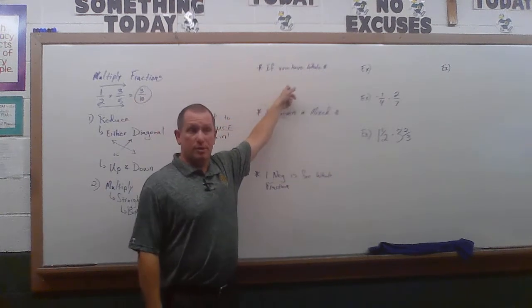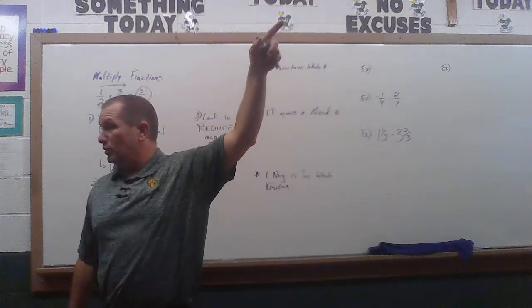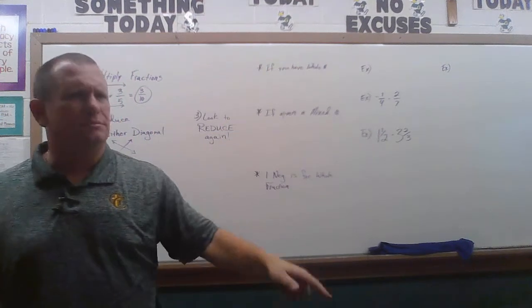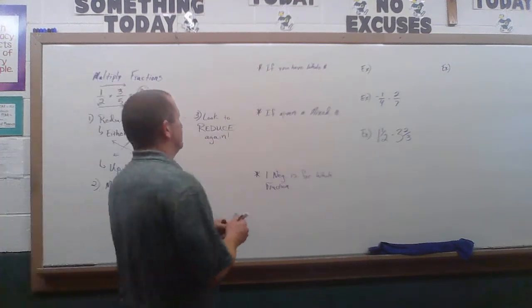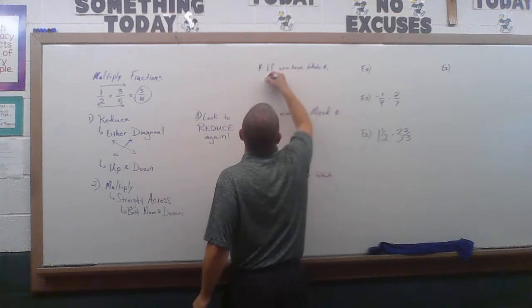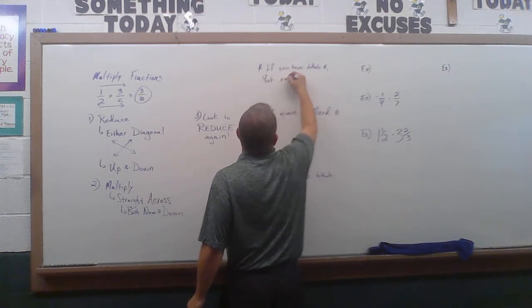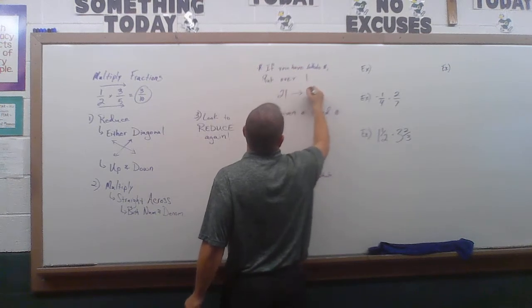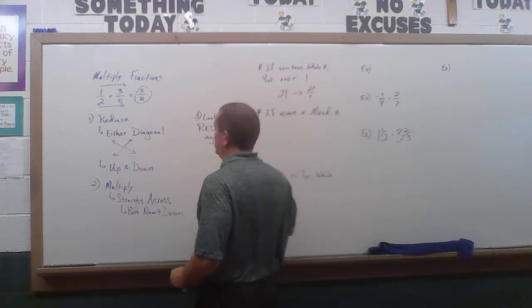A couple more things we want to talk about. If you have a whole number, I can make a whole number into a fraction by simply putting it over 1. So if they give me 21, I'm going to make it into a fraction as 21 over 1.